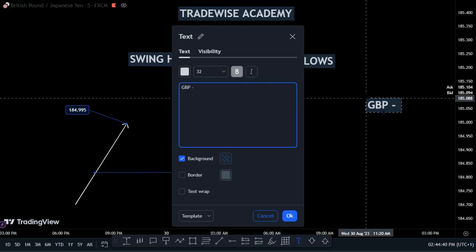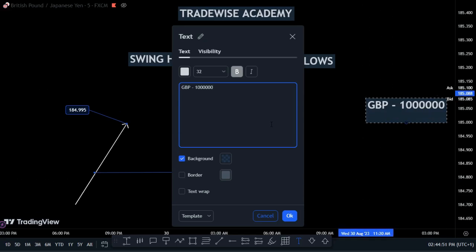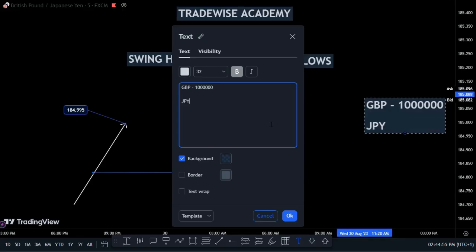If they spend this, in Japanese yen it's going to give them about 185,150. The current price is 88, so we'll use 88.